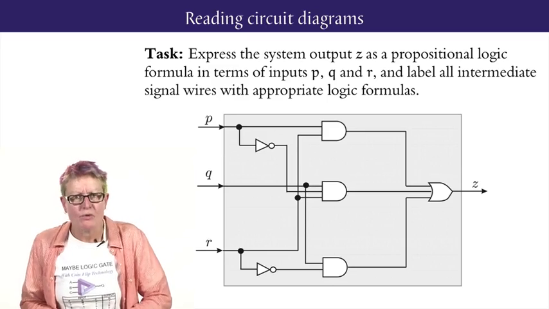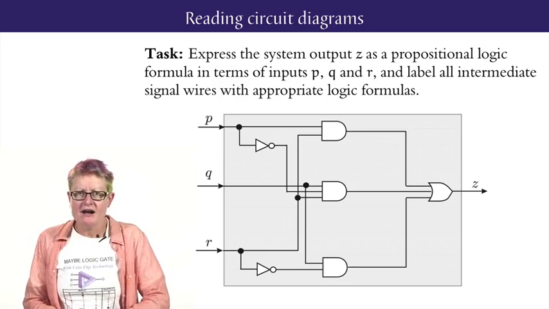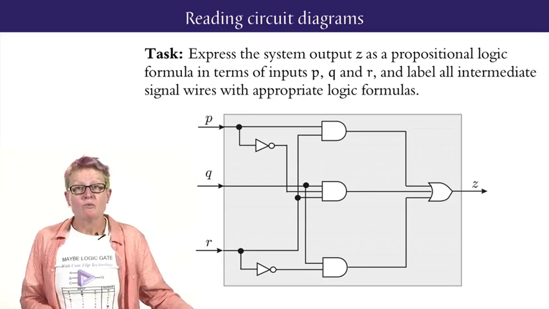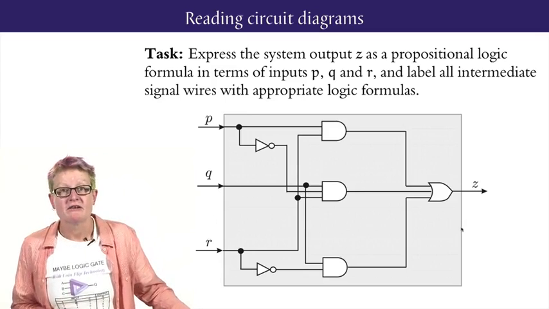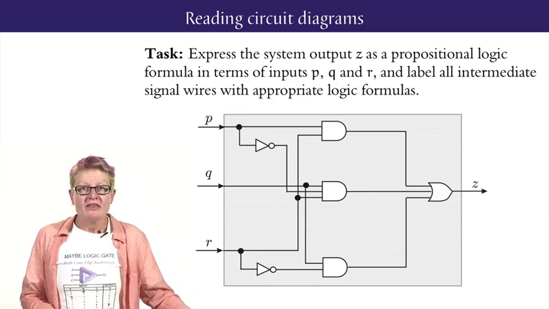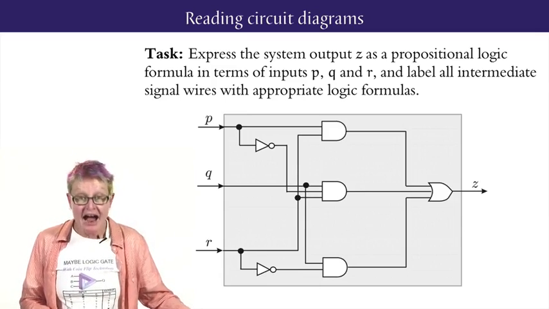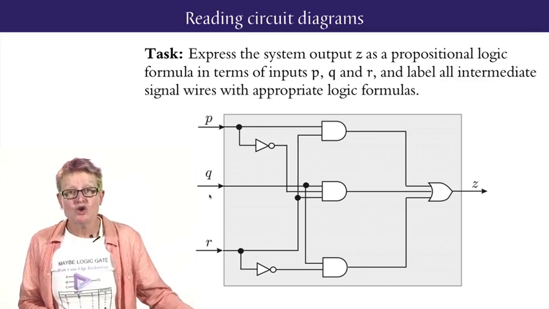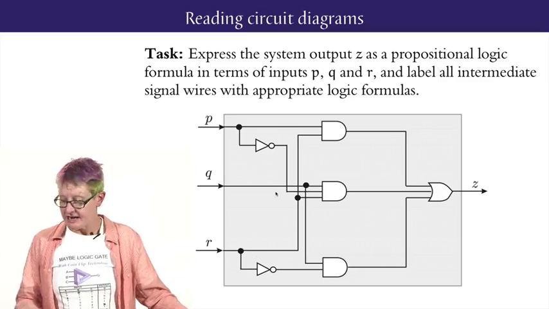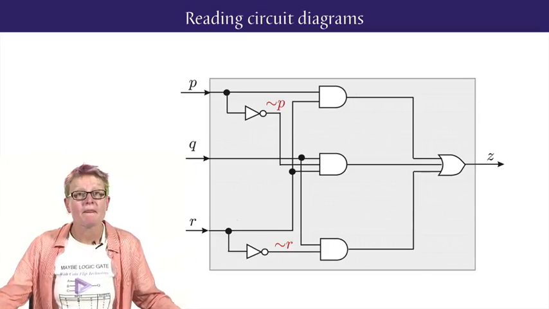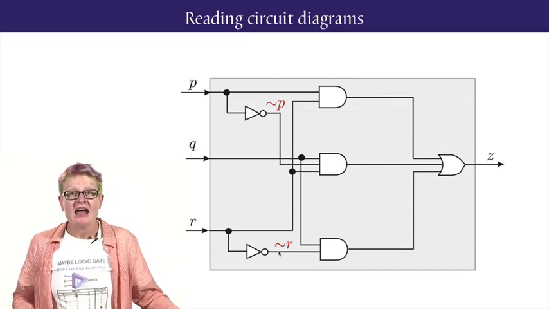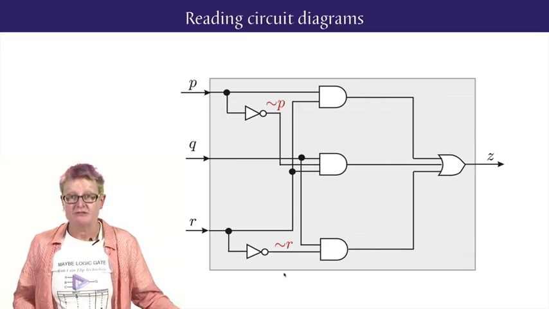Let's look at an example with three inputs P, Q and R and one output Z. Starting on the left-hand side for the inputs and working towards the right-hand side for the output, we have the input signals P and R both branched and negated, while the middle input Q is fed in without negation. So we get not P and not R as the outputs of the respective NOT gates.